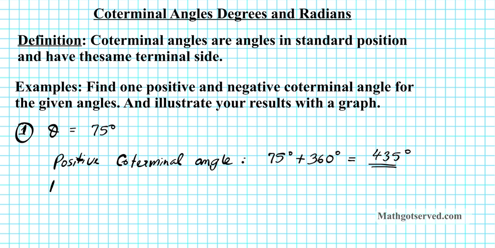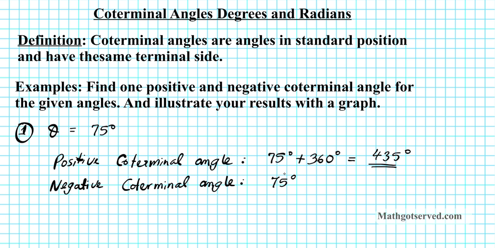So this is our first positive coterminal angle. Now, how about our negative? We just want to find one negative coterminal angle. To do that, we rotate in the clockwise direction, down and around.